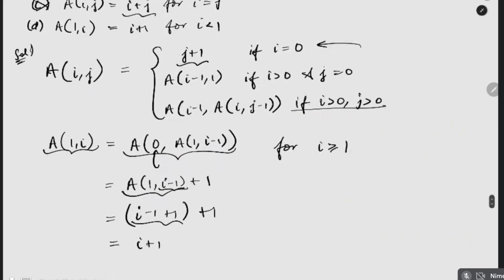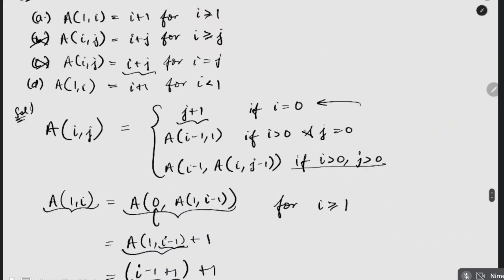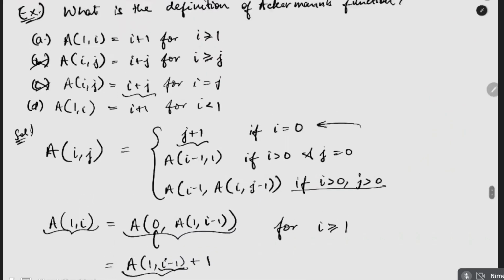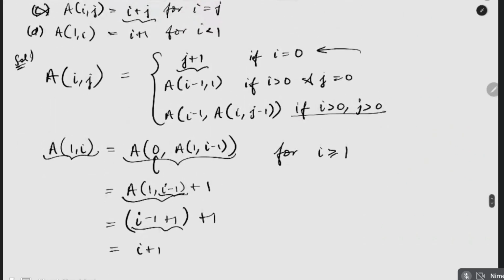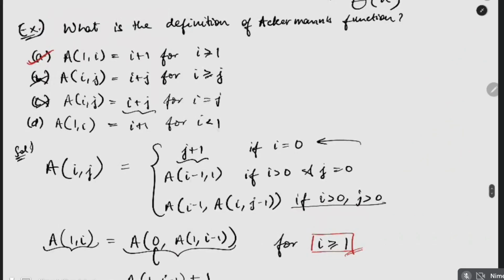So the solution will be A. Because for any value of i less than 1, this becomes negative and the function is not defined for negative values. So i has to be greater than or equal to 1, so this less than 1 argument is again wrong.